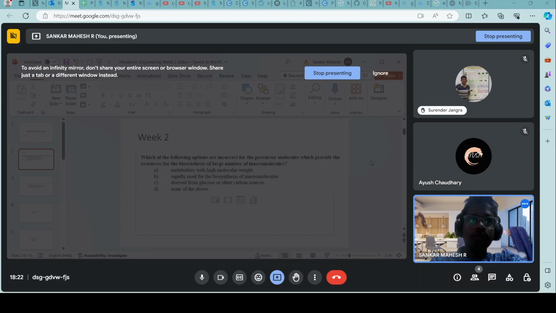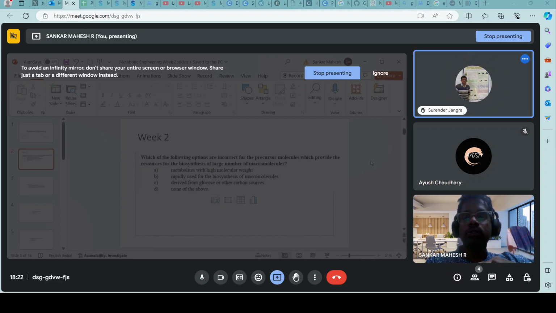Surendra, you can start by talking about one specific option, then we'll give Ayush a chance. Precursor molecules are used for the synthesis of macromolecules like proteins and lipids, and these precursor molecules are low molecular weight compounds that are derived by carbon metabolism.